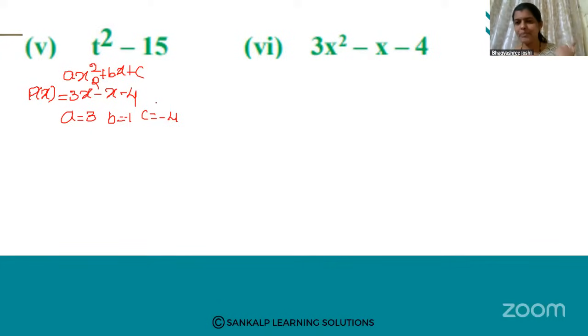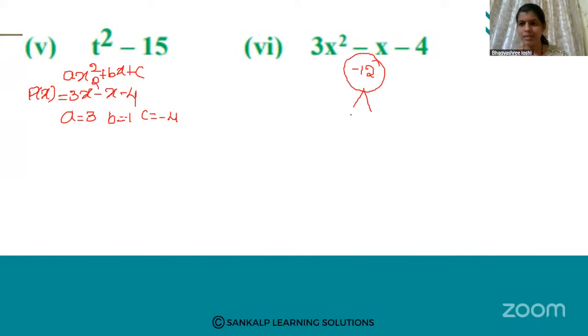So next step, find out the roots. How? By using factorization method. In factorization method what you are going to do? First we should multiply a into c. What is the value of a here? 3. 3 into -4. 3 4s are 12. So now ಮತ್ತೆ ಏನ್ ಮಾಡ್ತೀವಿ?